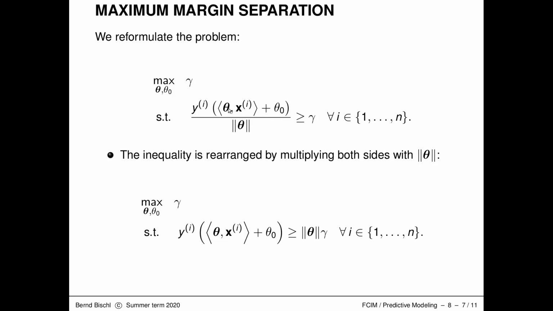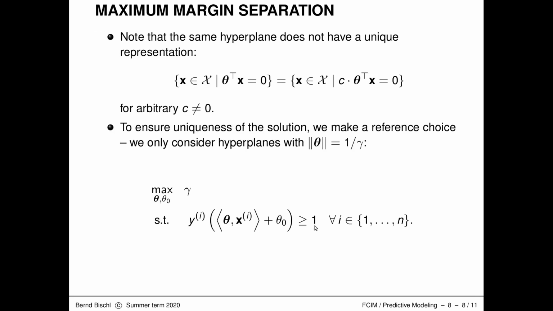So this here just means theta transpose times xi. So now we'll begin to slightly rearrange this. The first rearrangement I want to perform is simply to multiply all of these inequalities by the norm of theta. Okay, that was very simple.